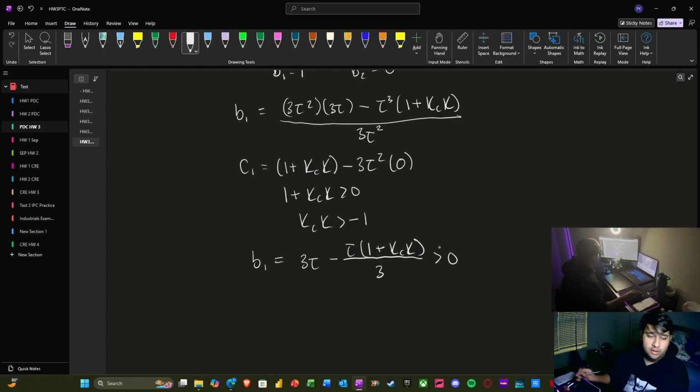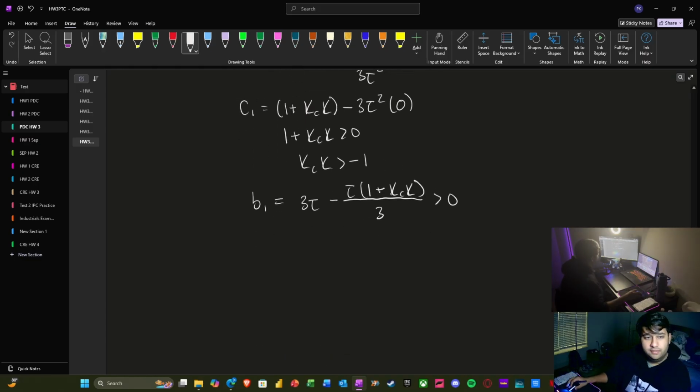And our objective is essentially to get this Kc by itself. So if we simplify this down, we're left with 9 minus 1 plus KcK. Actually, there's no tau.